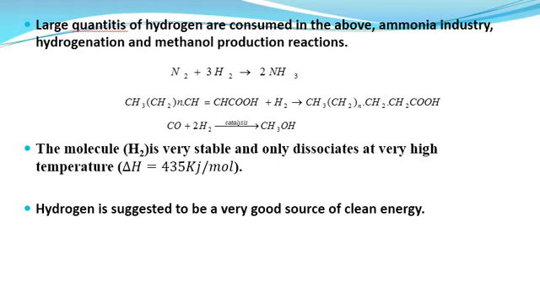You can see here the reaction already mentioned above of nitrogen and hydrogen, and the saturation of double bonds of organic compounds also with hydrogen, as well as the production of methanol, as we said before.